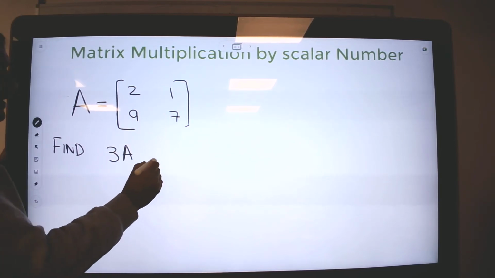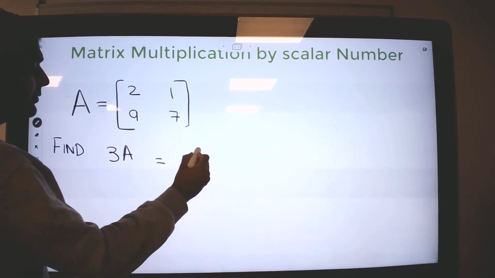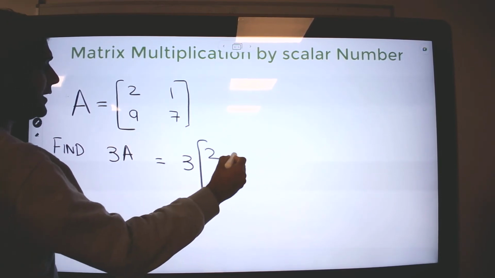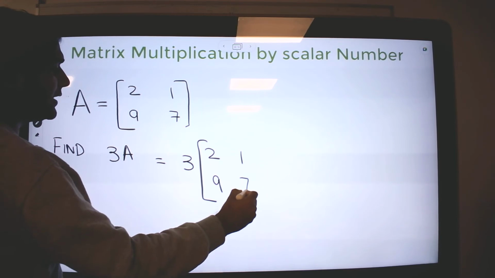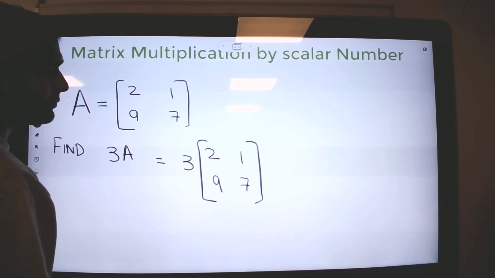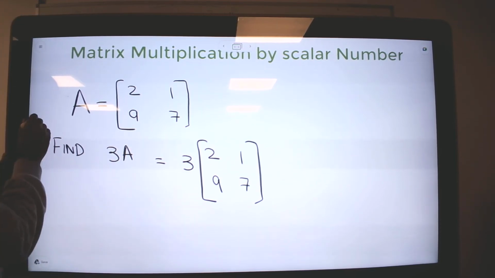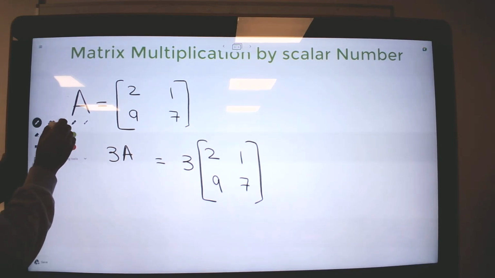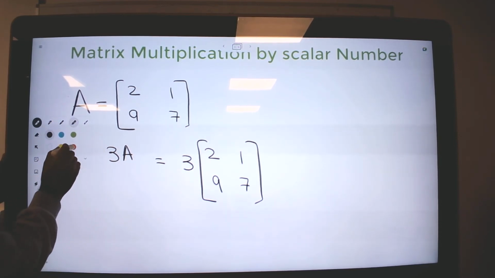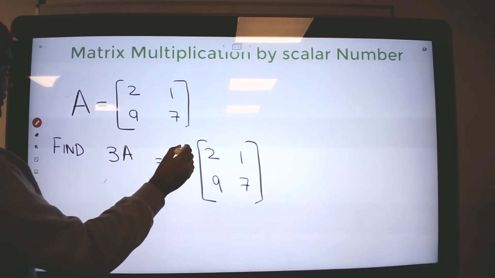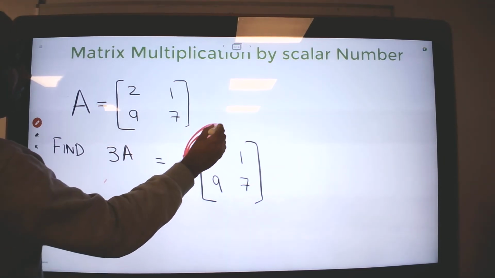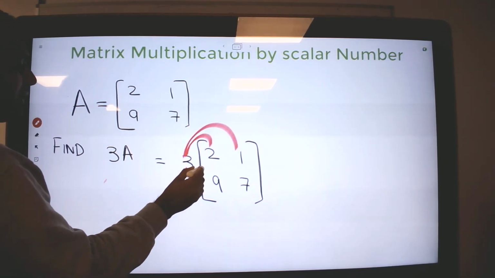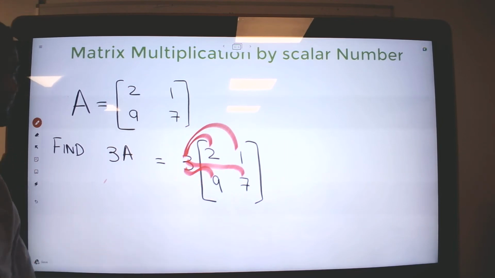To do that, what I'm going to do is put the 3 here, and put the matrix 2, 1, 9, 7. And I just multiply the 3 inside. So 3 times 2, 3 times 1, 3 times 9, and 3 times 7.